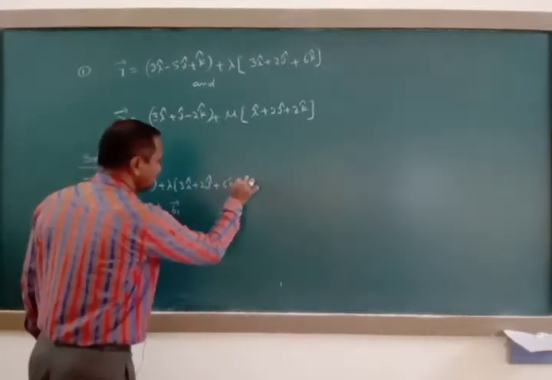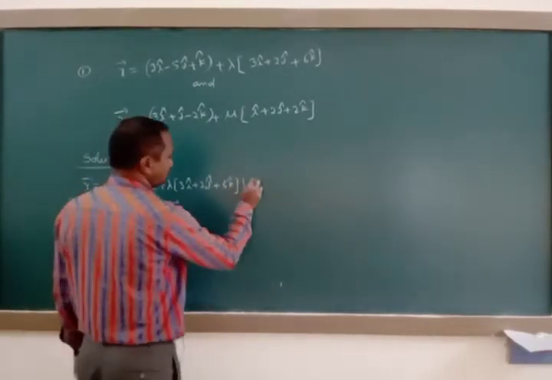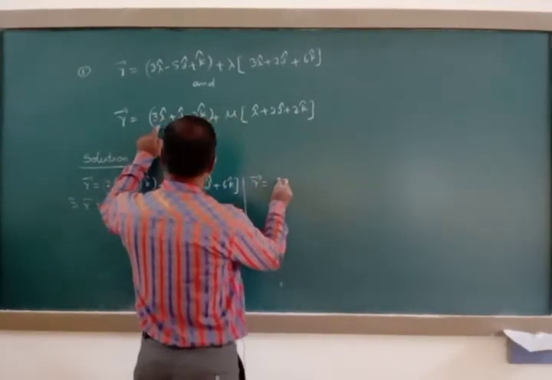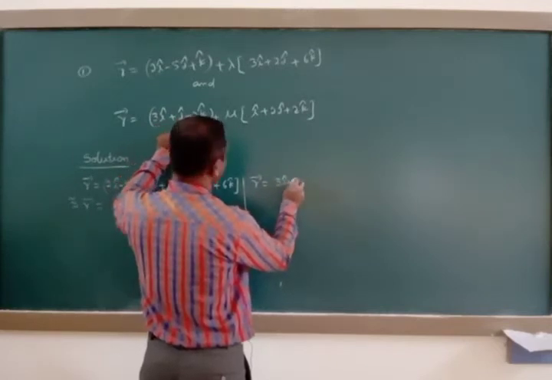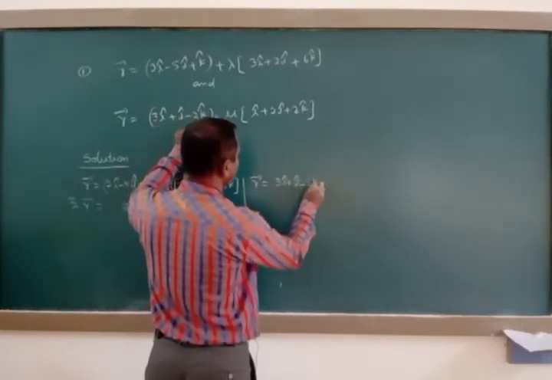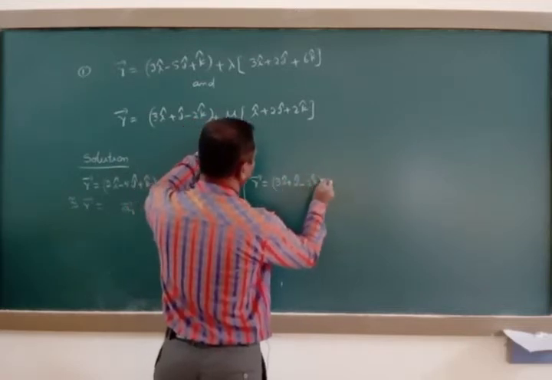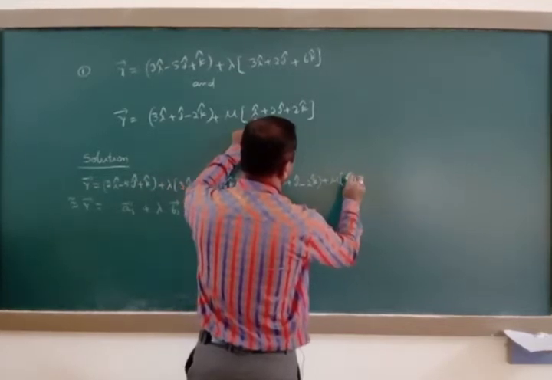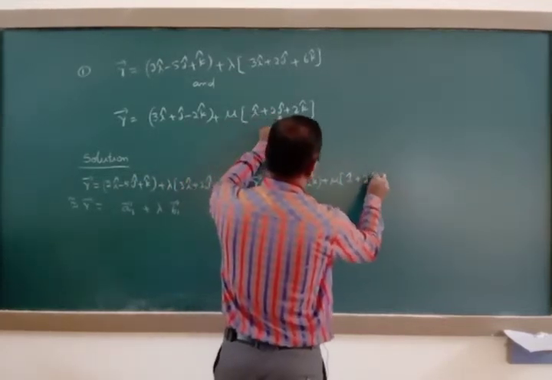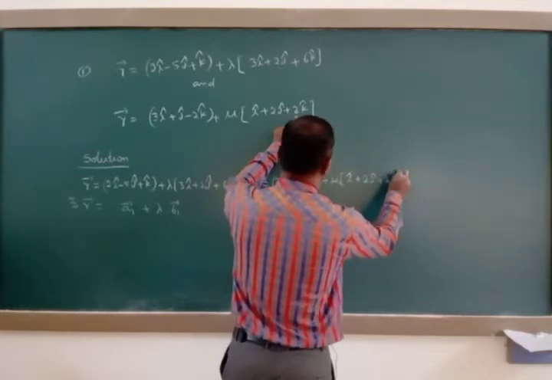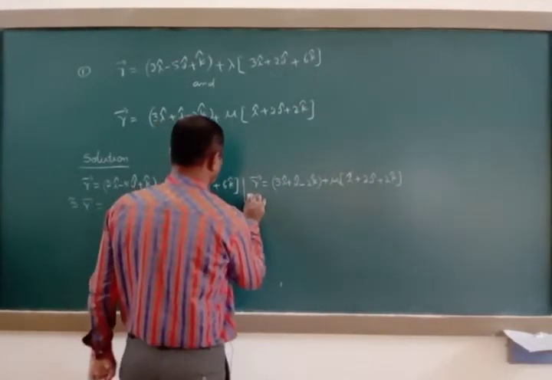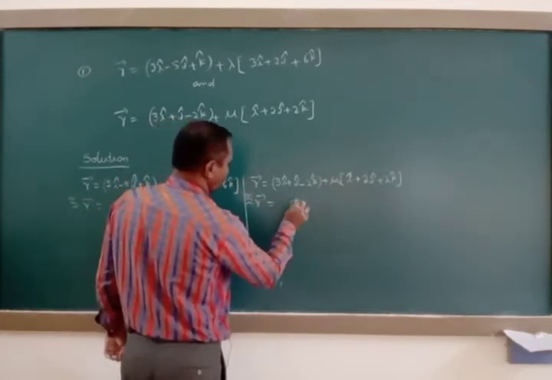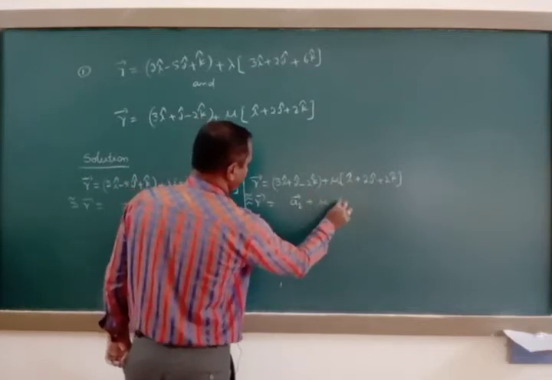The second line is r vector equal to 3i cap plus j cap minus 2k cap, plus mu into i cap plus 2j cap plus 2k cap, comparing with the standard formula r vector equal to a2 vector plus mu into b2 vector.